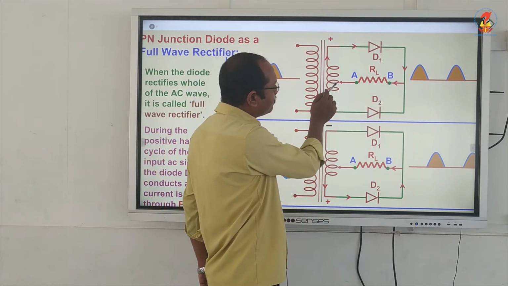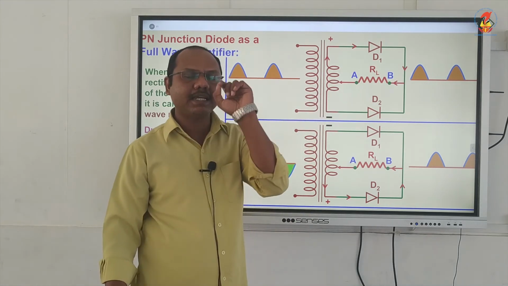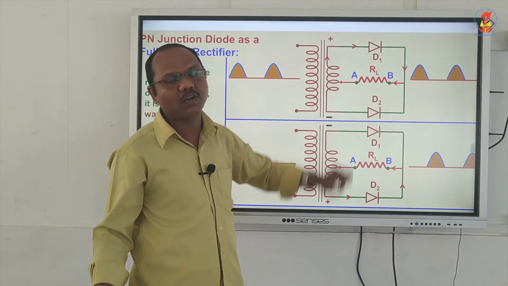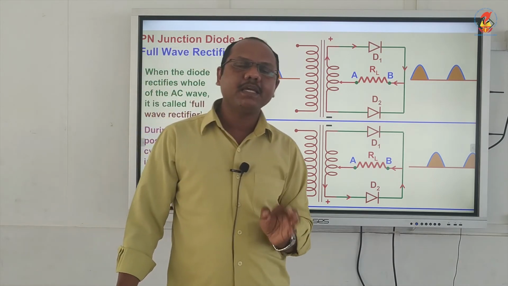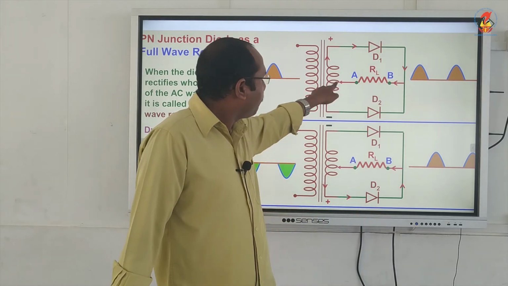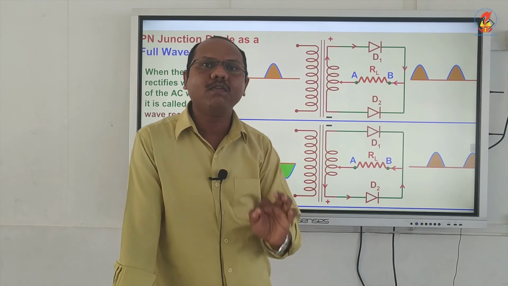This point is called center tapping. It is the center of the secondary coil of the transformer, which is called center tapping. Center tapping is used so that the potential at this center point will always be 0.